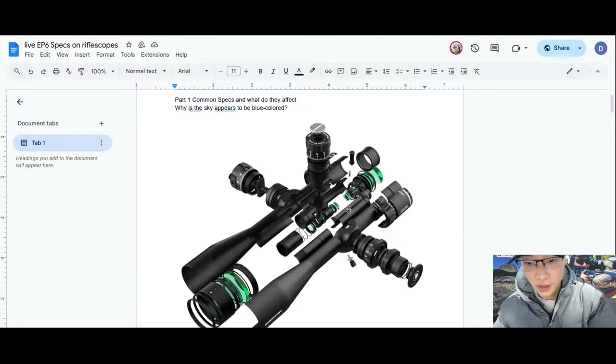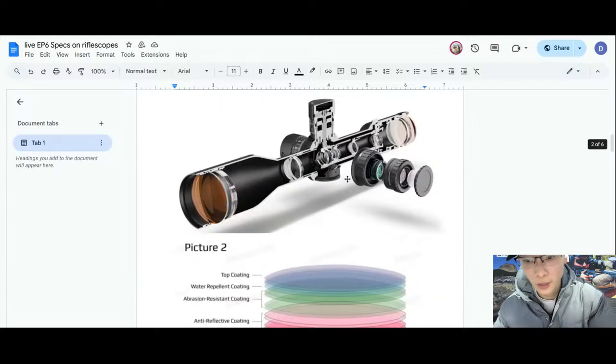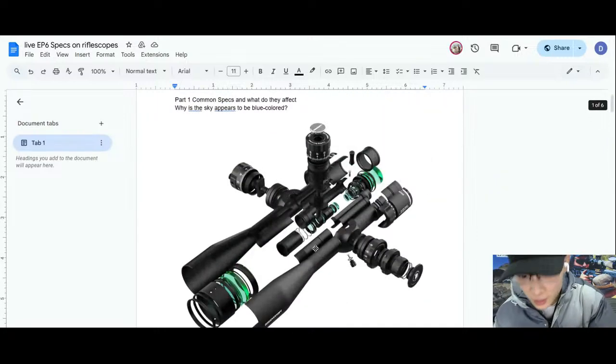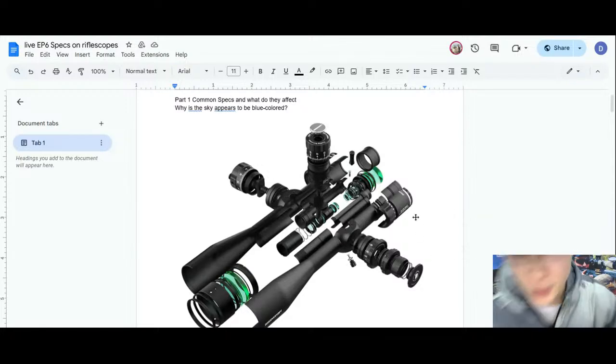Inside of the erector tube assembly, you can see there are a lot of brackets and lenses. Let's count: 1, 2, 3, 4, 5, 6. So this one has 6, and ours, these are the focus assembly, 1, 2, 3, 4, 5, 6, also 6 pieces of lens.